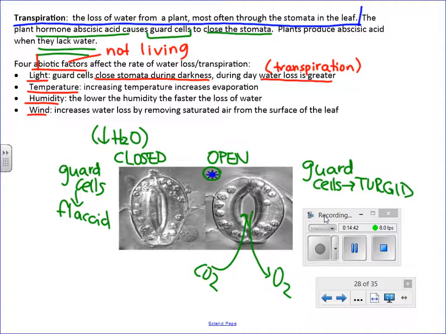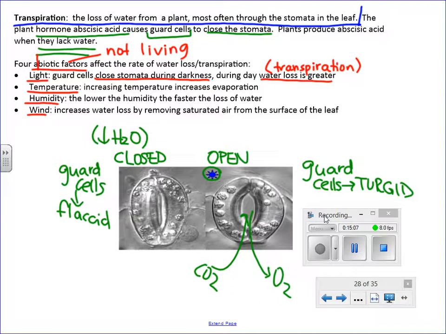Now the second thing is sort of a catch-22, because often when there is light, the temperature is higher. And it says that increasing temperature increases evaporation. So sometimes it's unavoidable to have water loss because the stomata needs to be open for photosynthesis to happen, but it's also warm out.